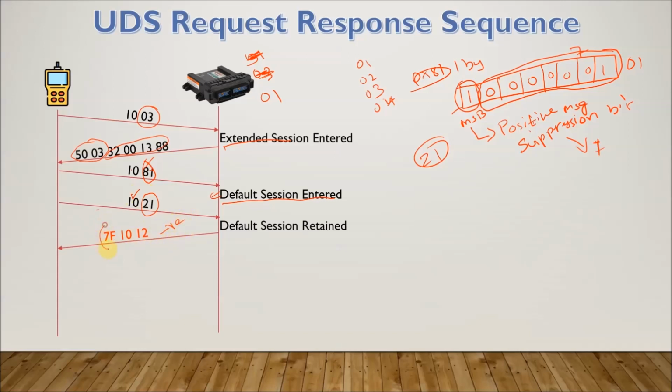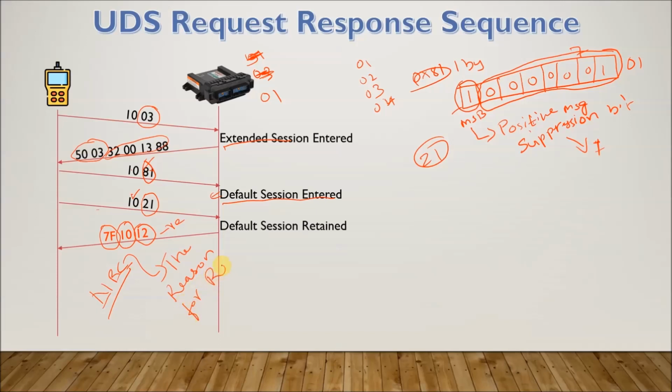That is negative response 7F for service 10, and this is the NRC. NRC stands for negative response code. The code which will tell the reason of why the request is rejected.